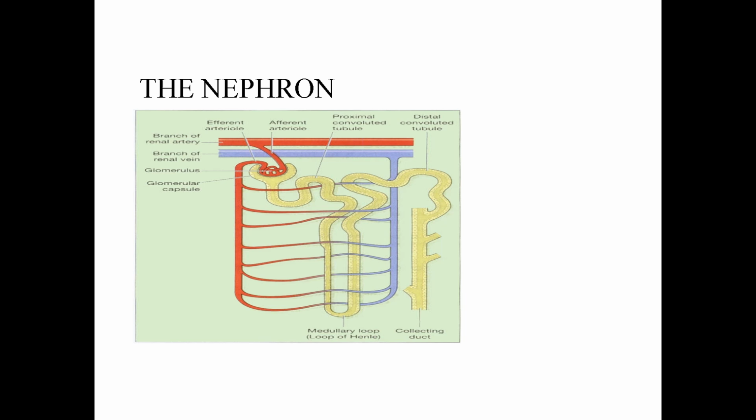Okay, so the nephron is divided into two parts. The first part is known as the renal capsule. So this is the area of filtration, and this part here is another part of the nephron known as the renal tubule.